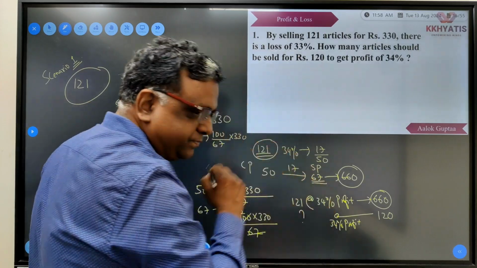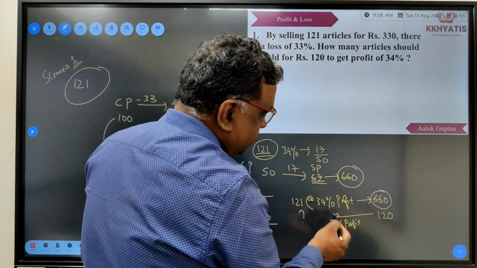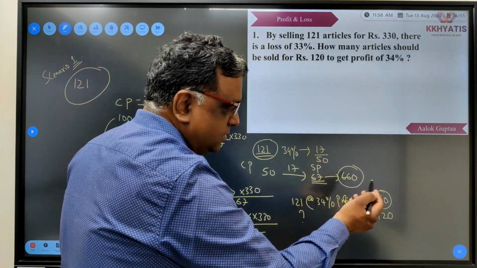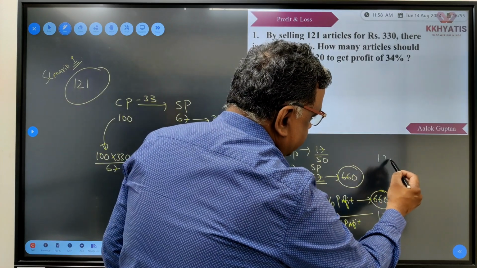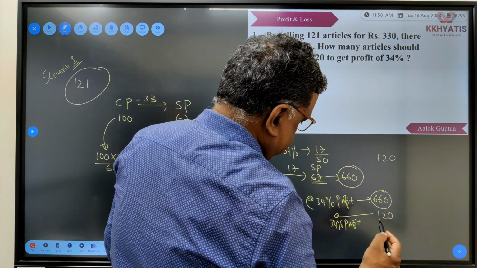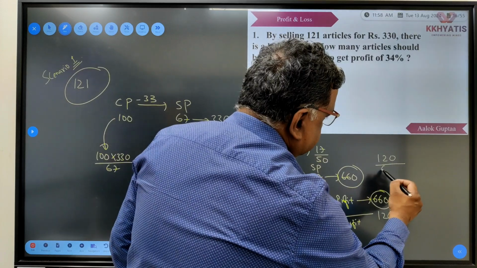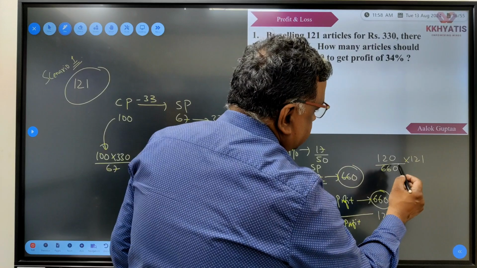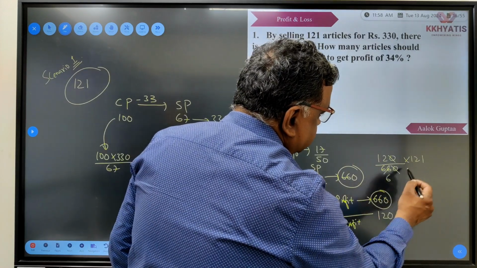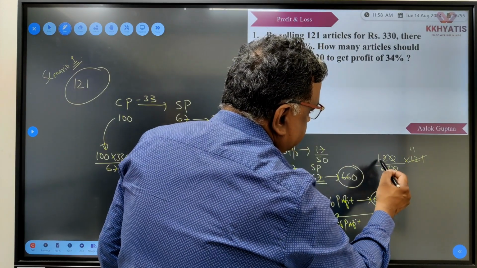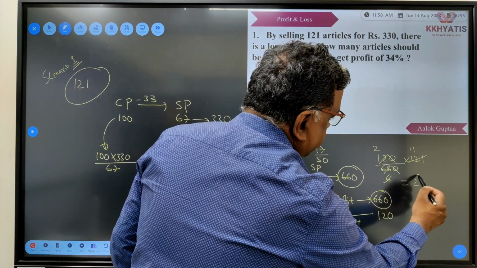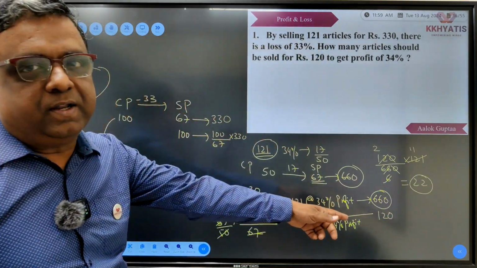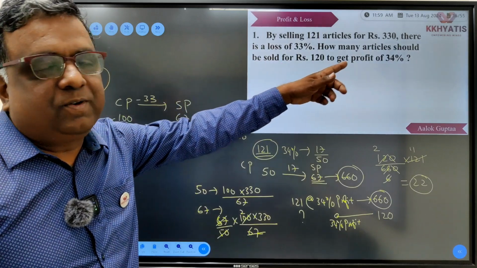We'll apply the cross formula, because here 34% is fixed. So it will be 120 upon 660 into 121. So this cancels, 11 sixes, 11 elevens, 2. So if I sell 22 articles at 120, then I will get a profit of 34%.